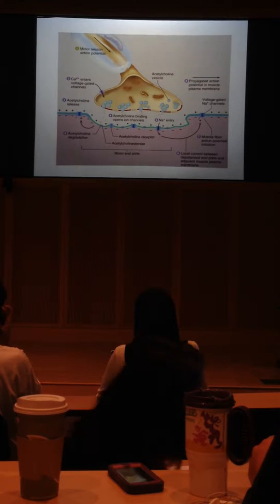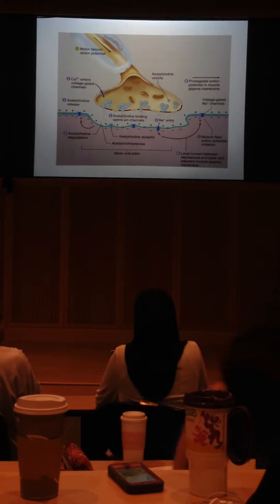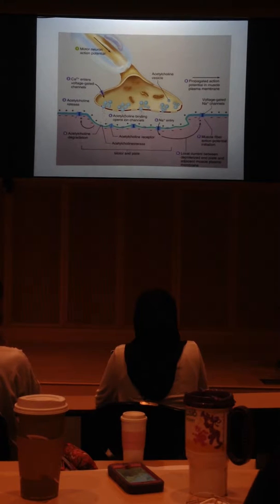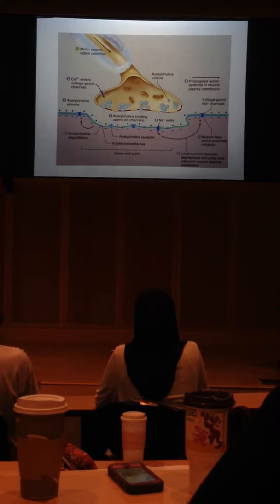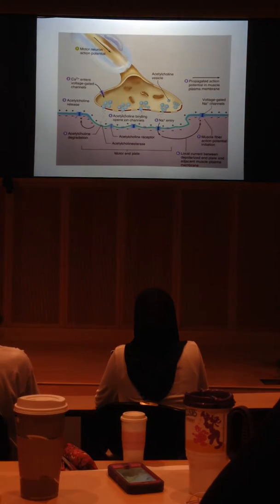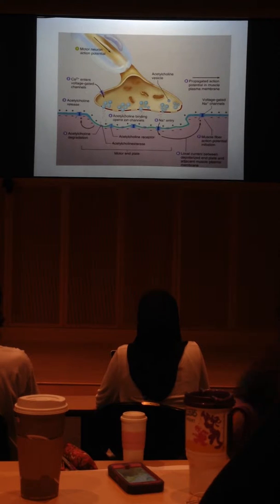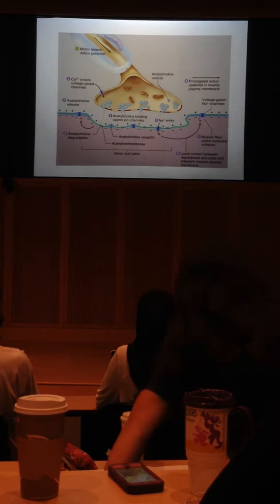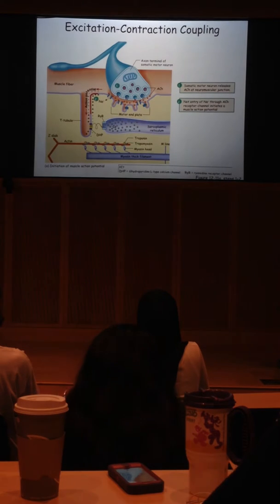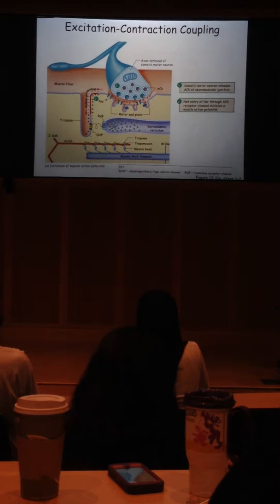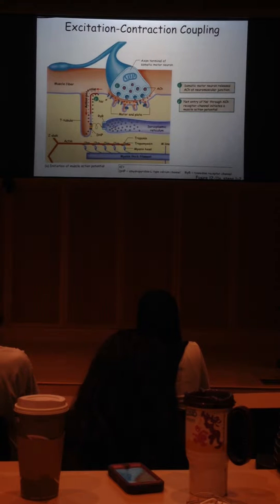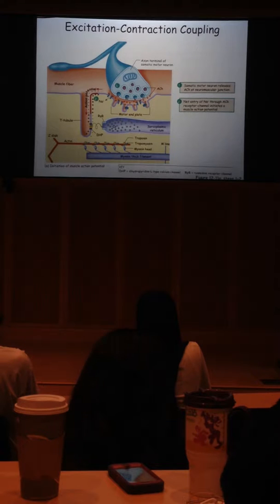But in the case of skeletal muscle, you need to have acetylcholine release to bind to postsynaptic receptors, which will then open, allowing sodium to move in, depolarizing the membrane, and then allowing the membrane to reach the threshold for an action potential, which then will propagate down the T-tubules and activate these L-type calcium channels, which in reality don't conduct calcium, but instead, when they activate, they open ryanodine receptors, which are found on the sarcoplasmic reticulum.